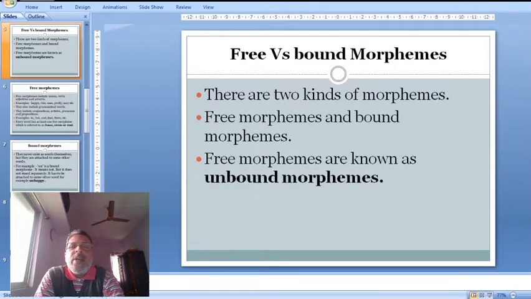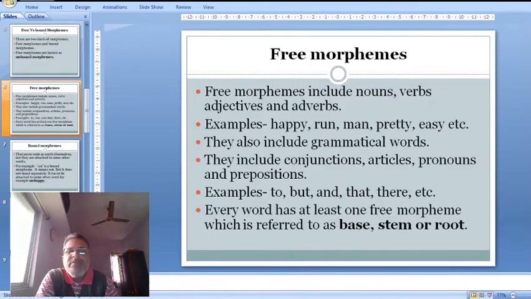There are two kinds of morphemes, free morphemes and bound morphemes. Free morphemes are known as unbound morphemes. Free morphemes include nouns, verbs, adjectives and adverbs. For example, happy, run, man, pretty, easy. These are all examples of free morphemes.